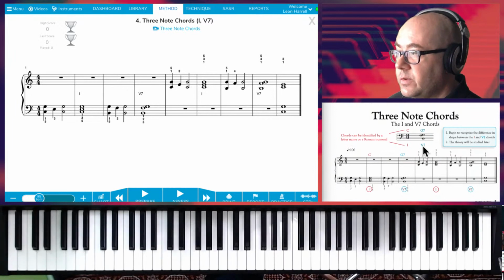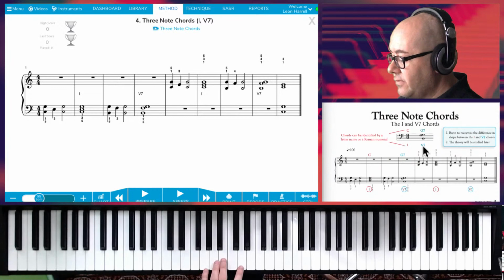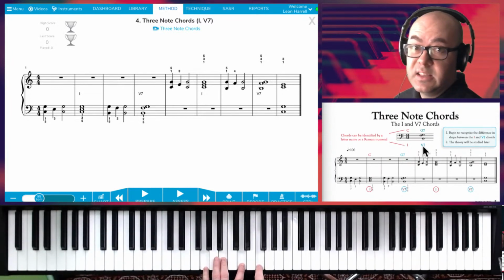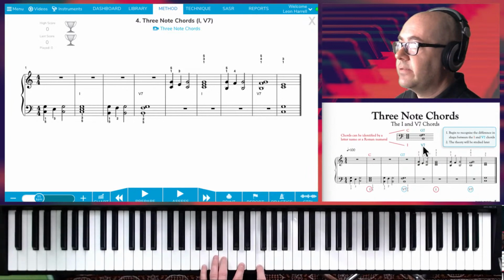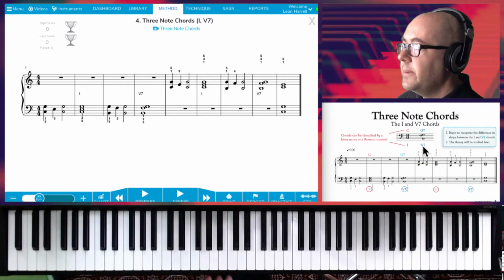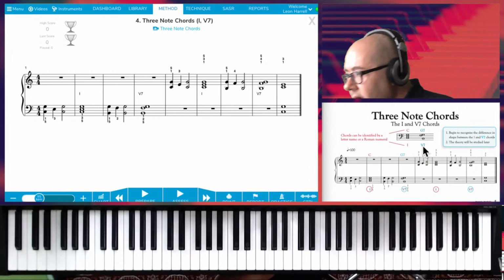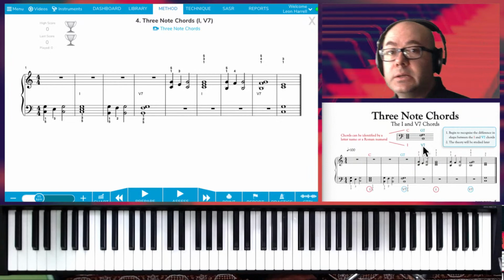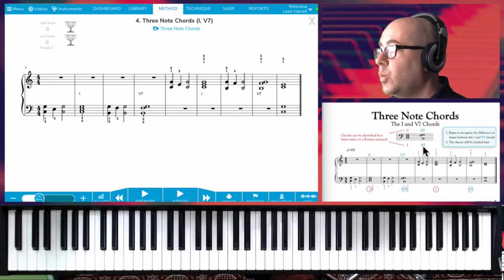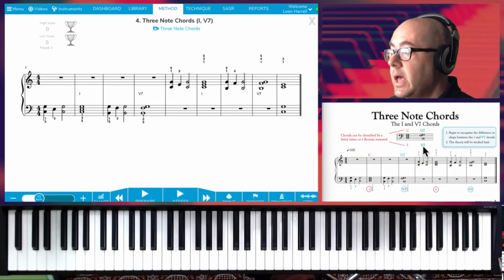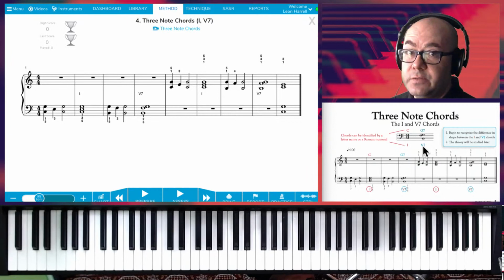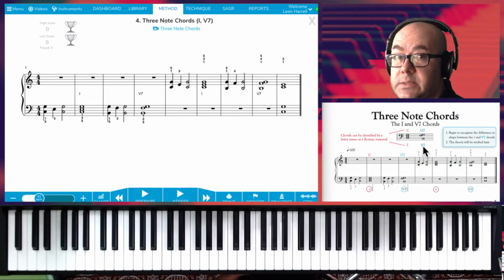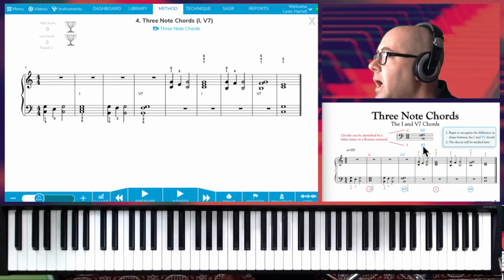And in this case, we've got the 5-7, meaning that the 5 chord, G major, also has the 7th added to it, the F. In this example, they're asking us to begin to recognize the difference between the shape of the 5-7 chord and the 1 chord, especially on the keyboard, as well as in the music too. I mean, they visually look different in the music. Okay, and then they're letting us know there'll be some additional theory studied later.